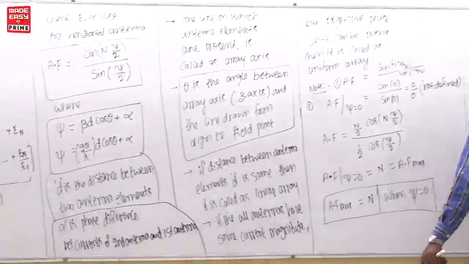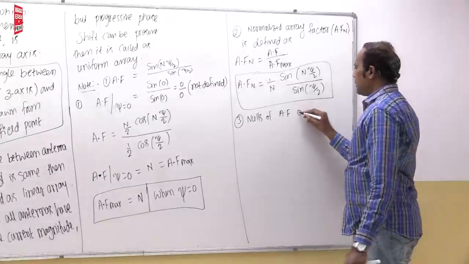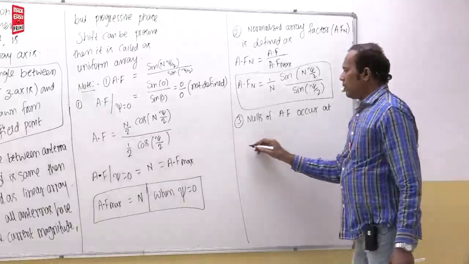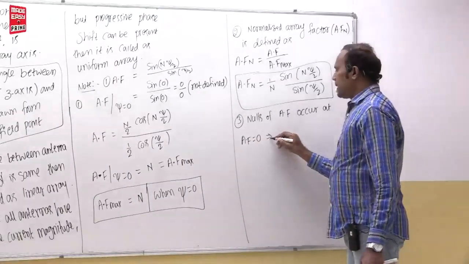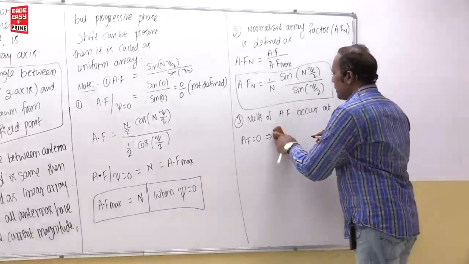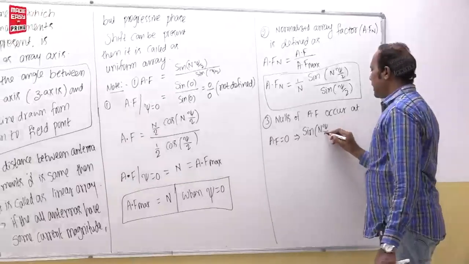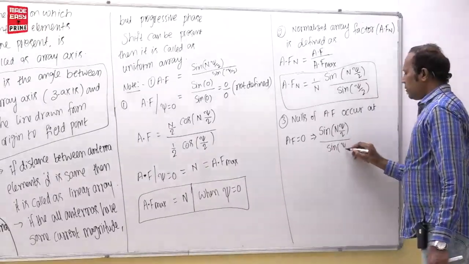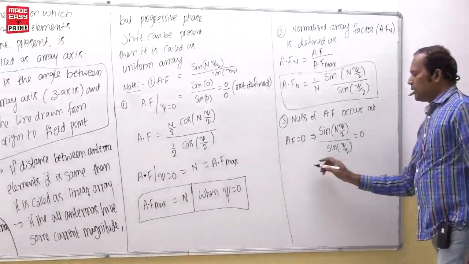So nulls of the array factor occur whenever the array factor is equal to 0. That implies sin n psi by 2 divided by sin psi by 2 should be 0. That means sin n psi by 2 is 0.